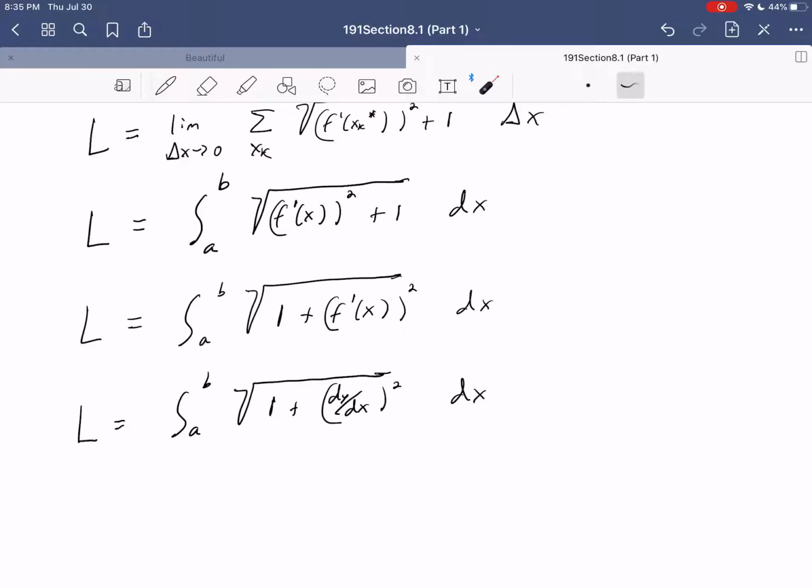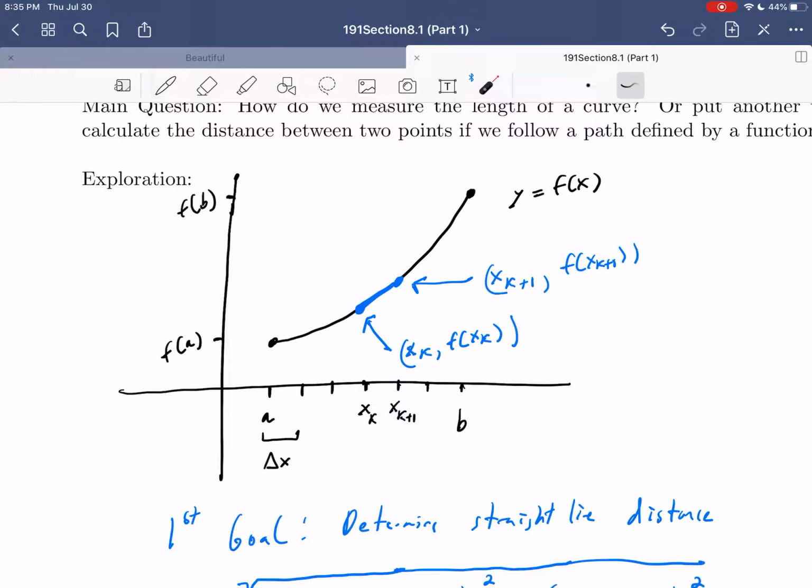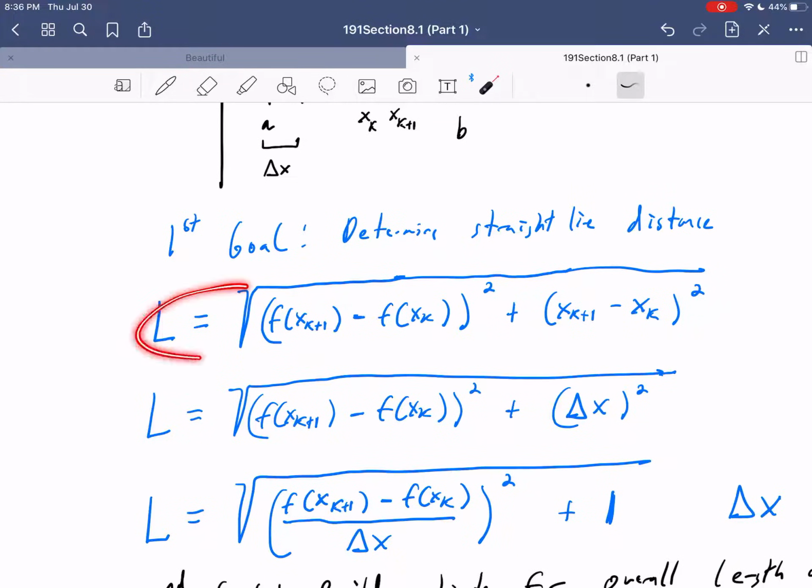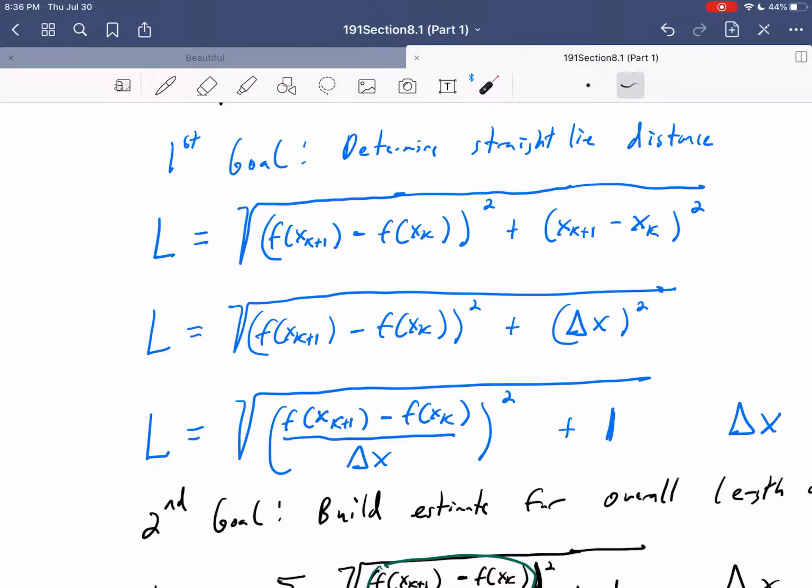Okay, so to quickly summarize our derivation here, our main idea was to try to determine the length along a curve. To do that, we took one piece, and we examined the straight line distance between 2 points on our curve. We found that using the distance formula, we could express that straight line distance like this. Then we did this somewhat weird manipulation where we factored delta x squared out of the square root.